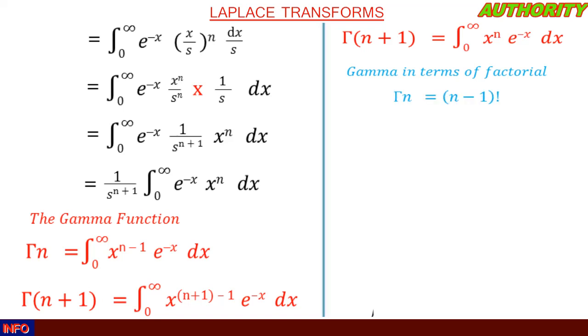Gamma of n in factorial is (n minus 1) factorial. So when you say the gamma of n is the same as (n minus 1) factorial, we just solved for n plus 1.